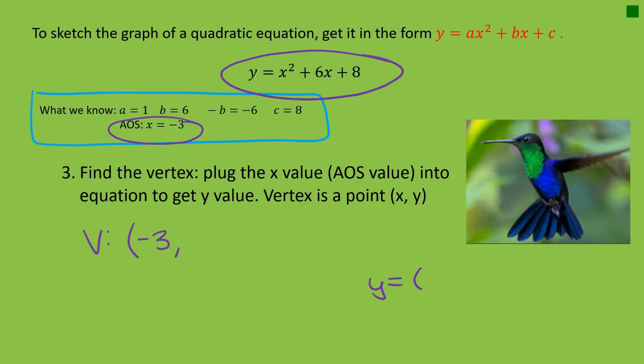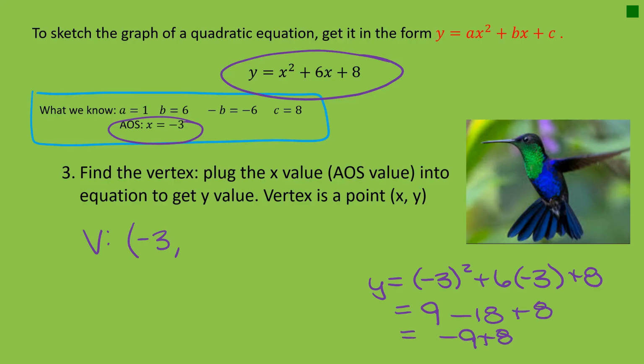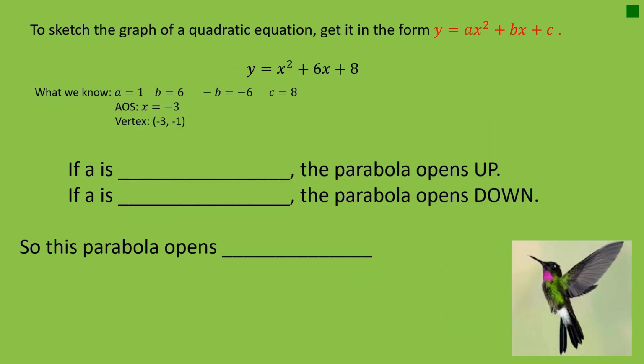It says take x and square it, add 6 times x, and then add 8. You can do this on your calculator, or you can do it by hand. -3 squared is 9. 6 times -3 is -18, plus 8. -9 plus 8 is -1. What's -1? Y. So there's your vertex, -3, -1.